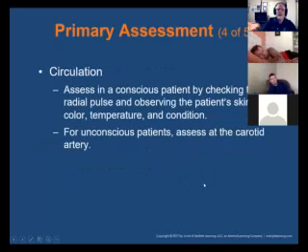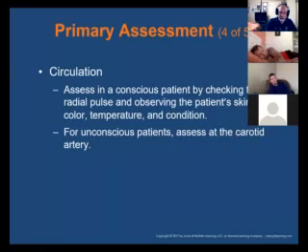I've used that sucker. Circulation, we need to assess not just their pulse and the rate and rhythm of their pulse and the regularity of their pulse, but also the characteristics of their pulse. Is it strong and bounding? Is it weak and thready? We also need to assess skin color to give us an idea of how well they're being perfused.